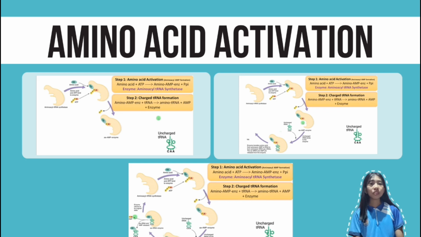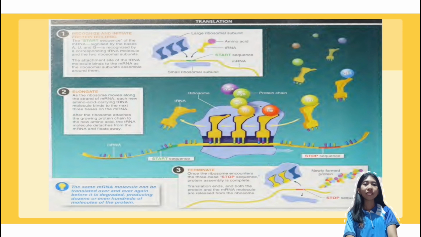So let's now proceed to the translation process. First, let's define what translation is. Translation is the process by which genetic information encoded in DNA is converted into functional proteins.